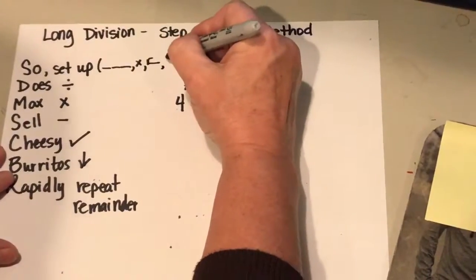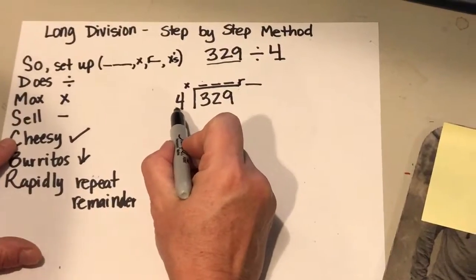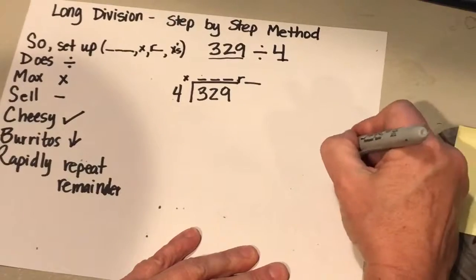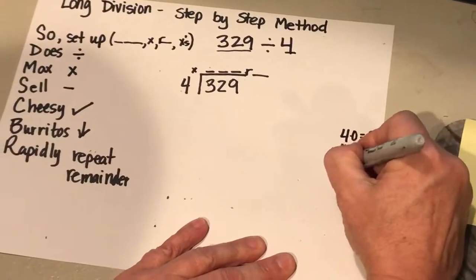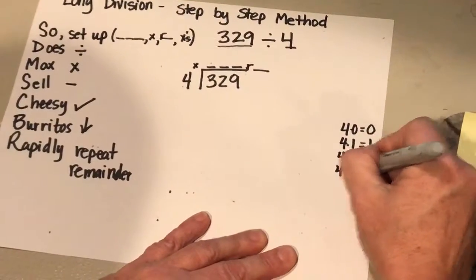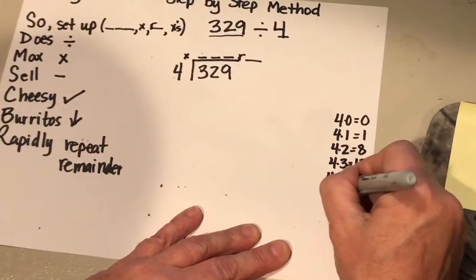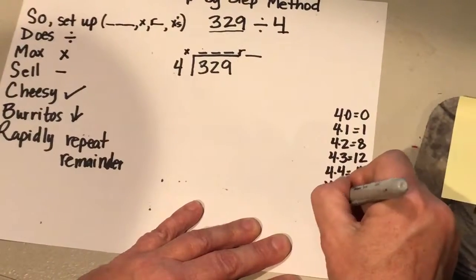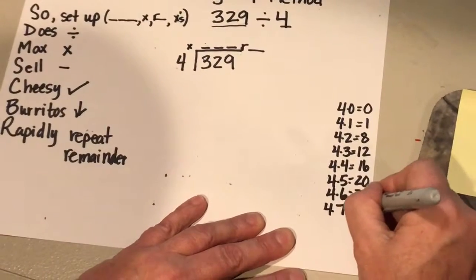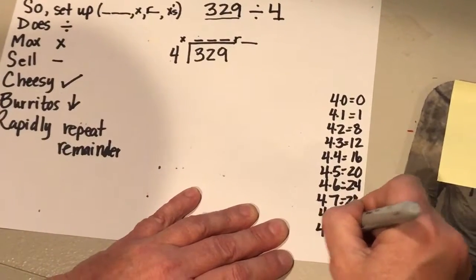And then you're going to write your times tables down the side. So if we are dividing by 4, we're going to put our 4 times tables down the side. 4 times 0 is 0, 4 times 1 is 4, 4 times 2 is 8, 4 times 3 is 12, 4 times 4 is 16, 4 times 5 is 20, 4 times 6 is 24, 4 times 7 is 28, 4 times 8 is 32, and 4 times 9 is 36.